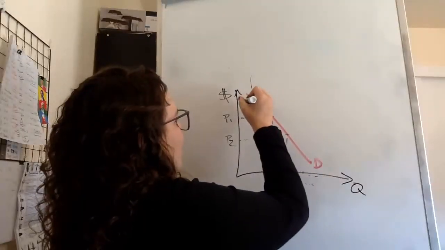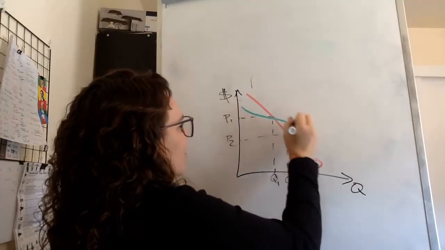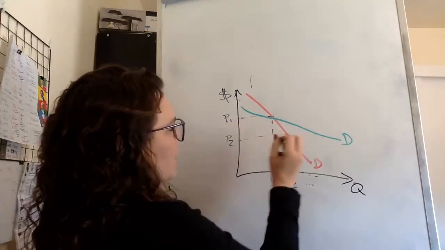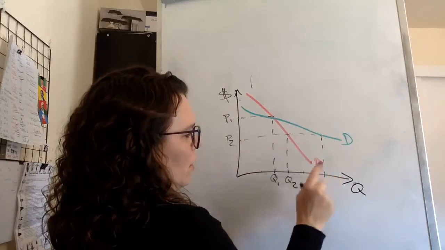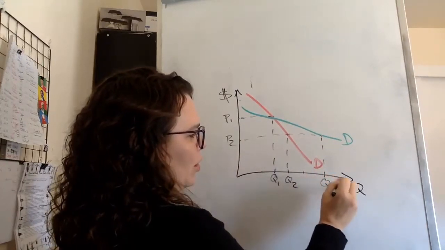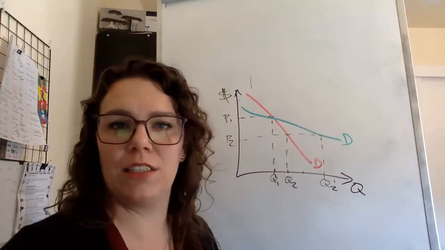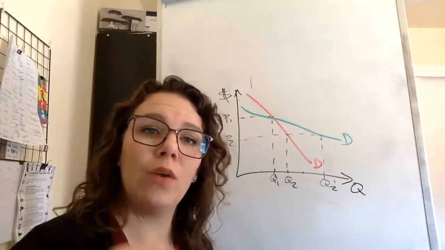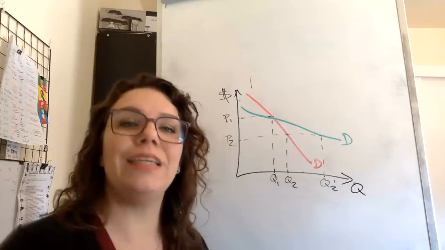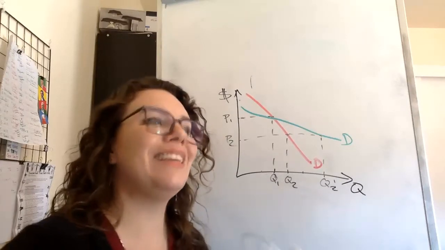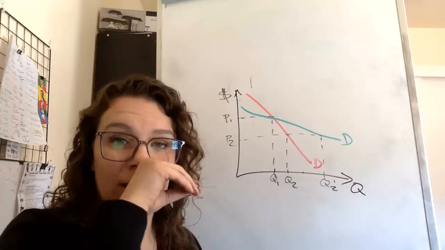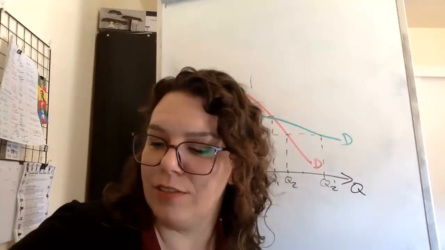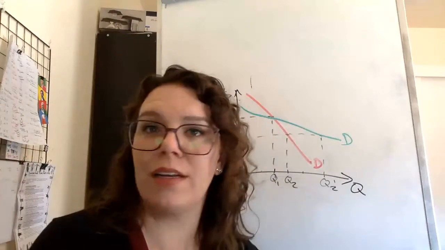If instead we have a much flatter demand curve, now that same change in price from P1 to P2 is going to have a much larger effect on quantity demanded. So flatter curves, whether it's supply or demand, are going to be more elastic, more sensitive to price. Steeper curves are going to tend to be less elastic, less sensitive to price. And that's true for demand and supply.